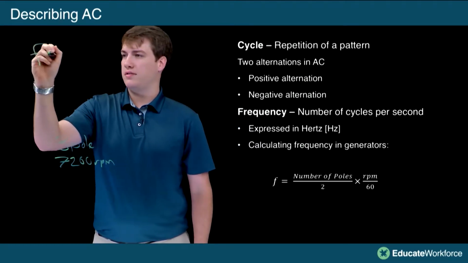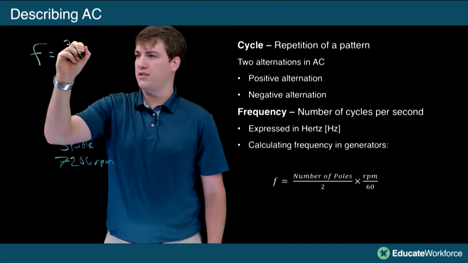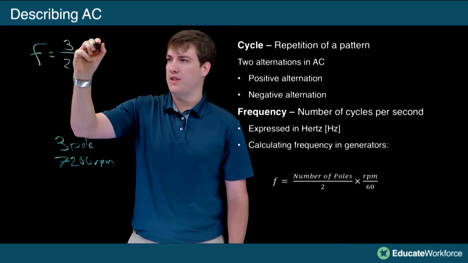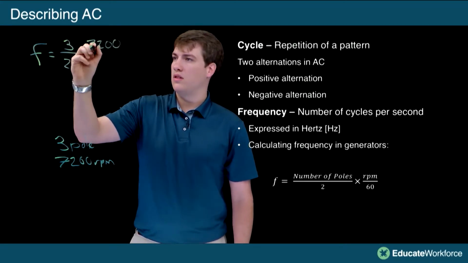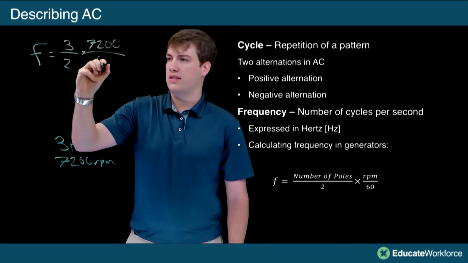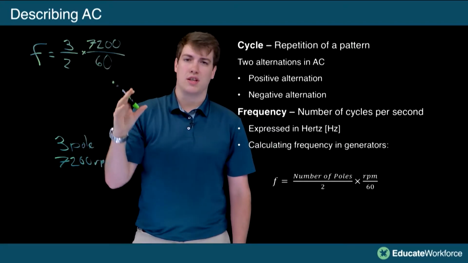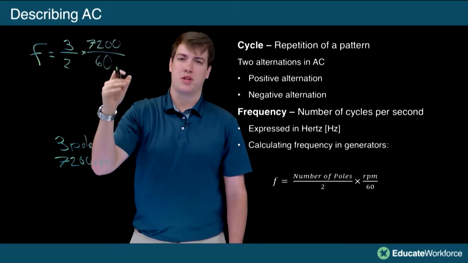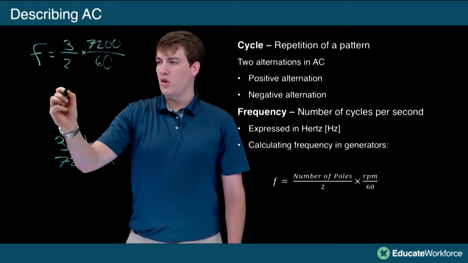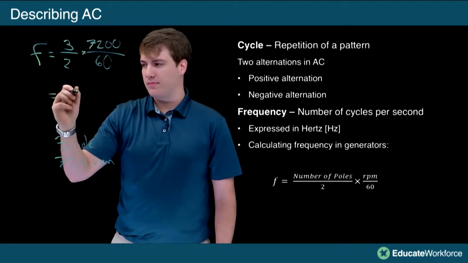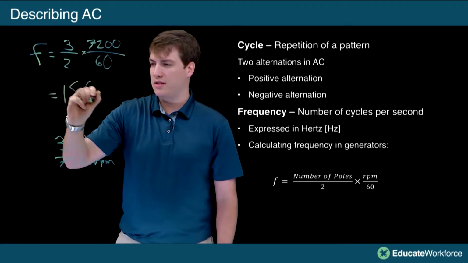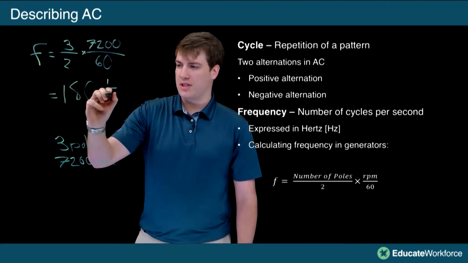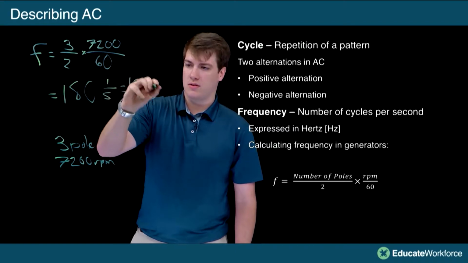So F is equal to the number of poles, in this case 3, over 2, times our RPM, 7,200, over 60. This 60 is really just serving to step down from rotations per minute to rotations per second. Once we go through this, you can do this yourself. We get that the output frequency is going to be 180 hertz. The units are 1 over seconds, so it's 180 hertz.